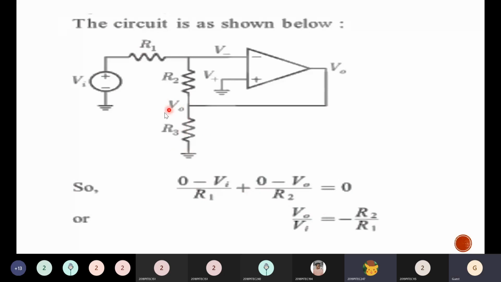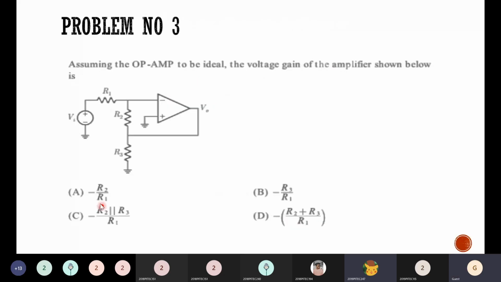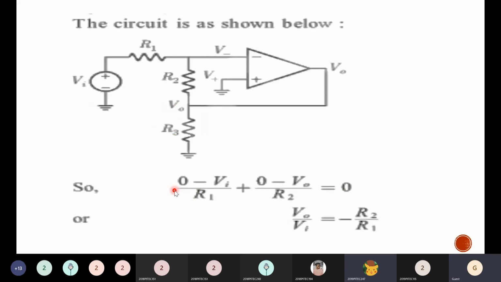It will not have an impact on the output. The output depends on only R1 and R2 as an inverting amplifier. Understood? So the answer is minus R2 by R1. That is option A. Option A is the answer, minus R2 by R1. Clear? Okay, shall we move to the next problem?